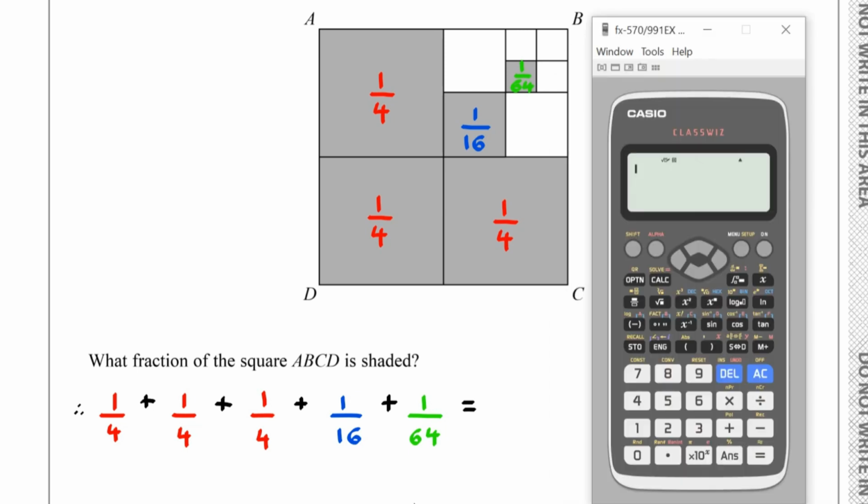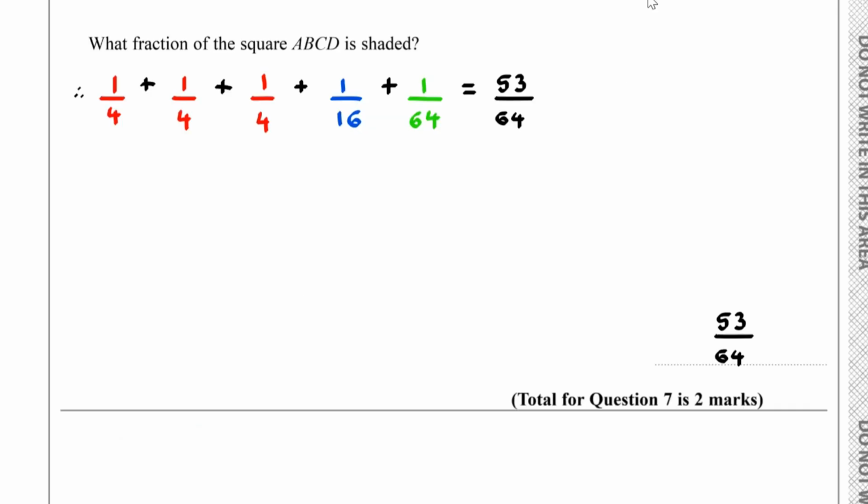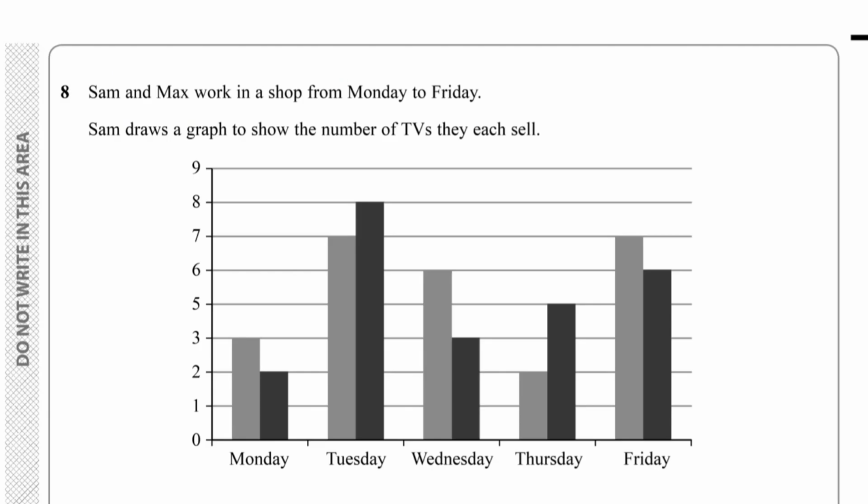So let's work all of this out. We've got 1/4 times 3 plus 1/16 plus 1/64. And it turns out we would get 53 out of 64. So we have 53 out of 64.